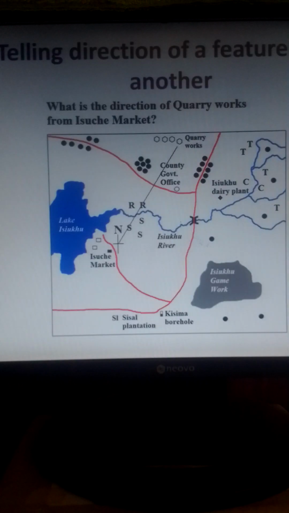How can we tell the direction of a feature from another feature? For example, in this question, we are asked, what is the direction of quarry works from Isuche Market? So Isuche Market is here and quarry works are found here. So what is the direction of this quarry works from Isuche Market?